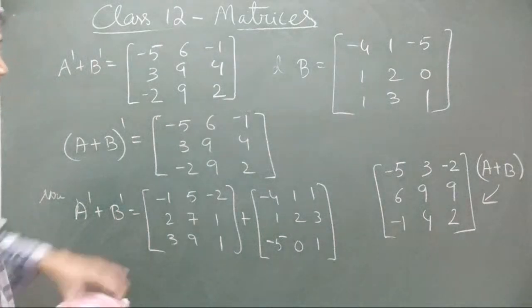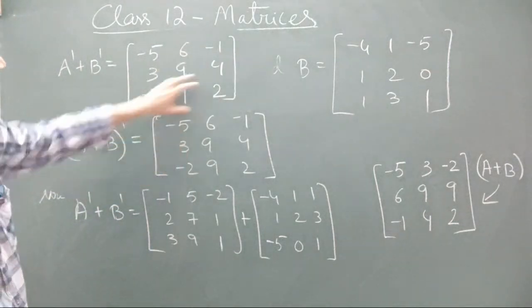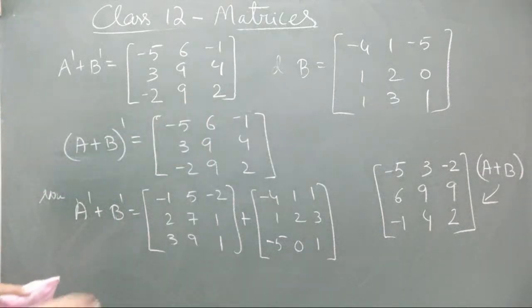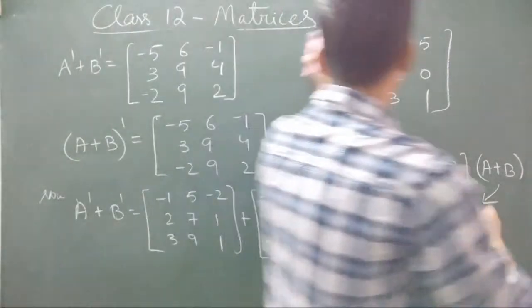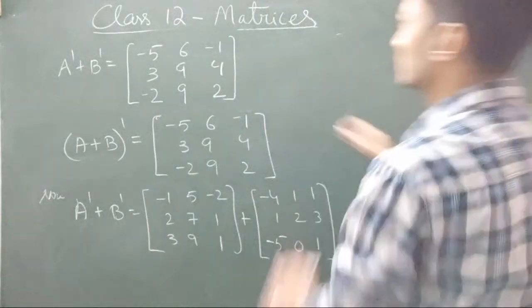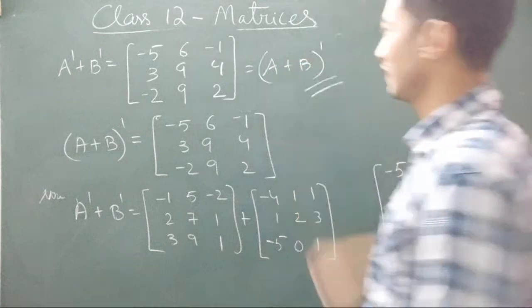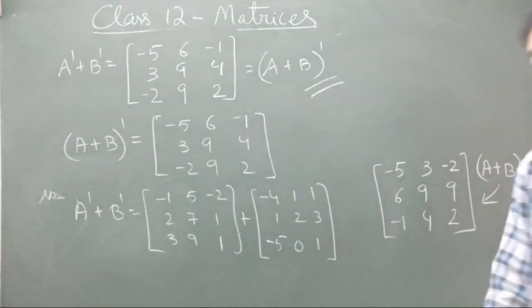Now you see, compare: -5, 6, -1, 3, 9, 4, -2, 9, 2. That's our result, equal to A plus B transpose, hence verified.